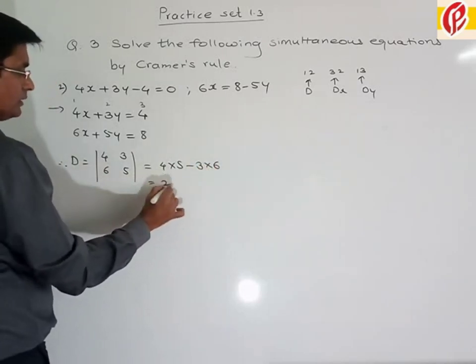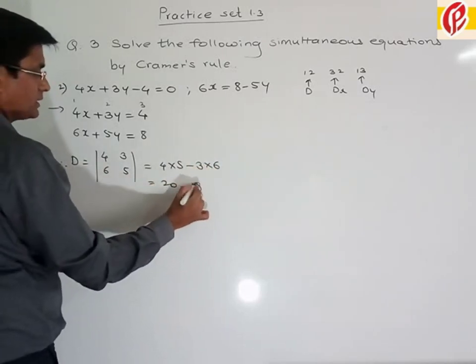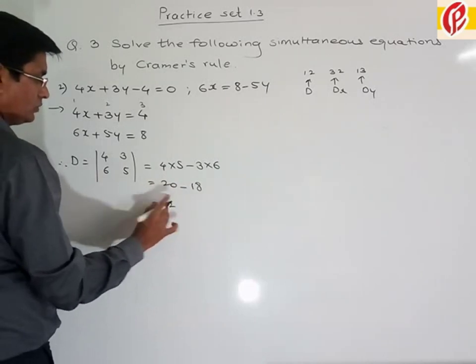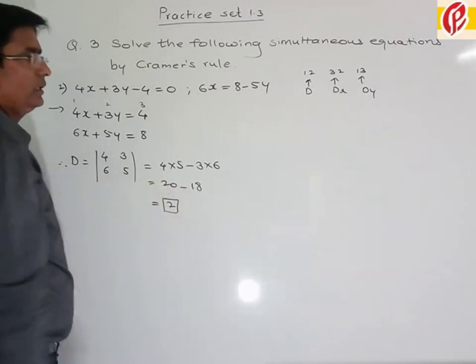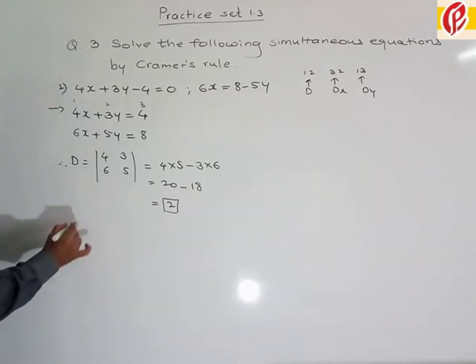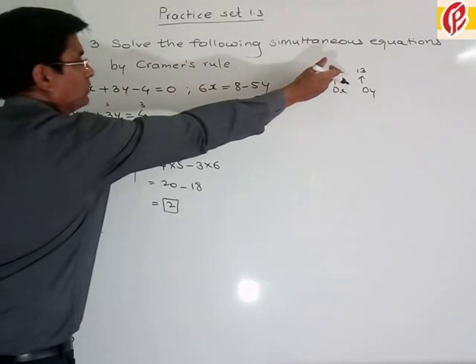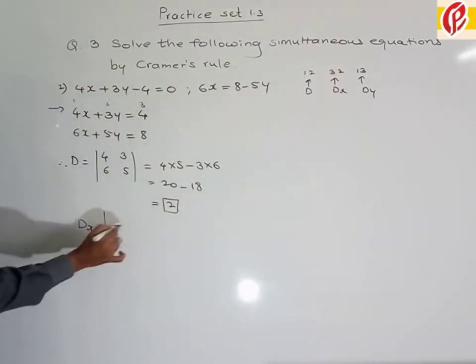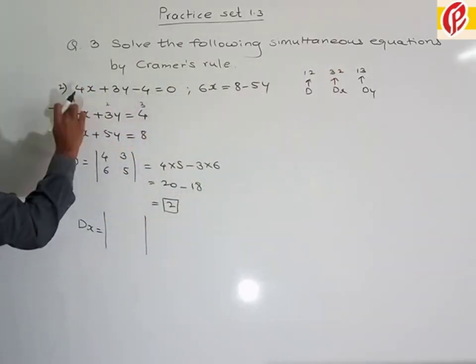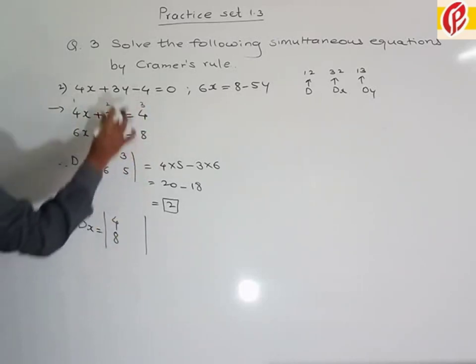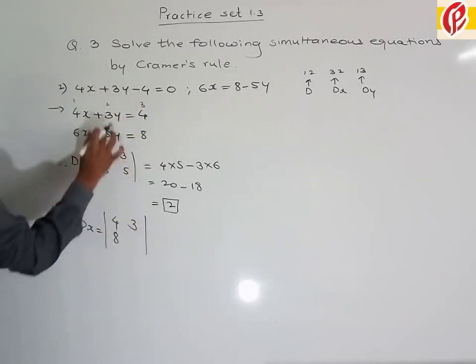So 4 into 5, 20, and 3 into 6, 18. 20 minus 18, 2. So we get the value of D, and that is equal to 2. Then dx. dx is equal to, what is the number? 3, 2. 3, 2 is 3 and 2. 3, 2, sorry. 4, 8. And 2 is here, 3, 5.